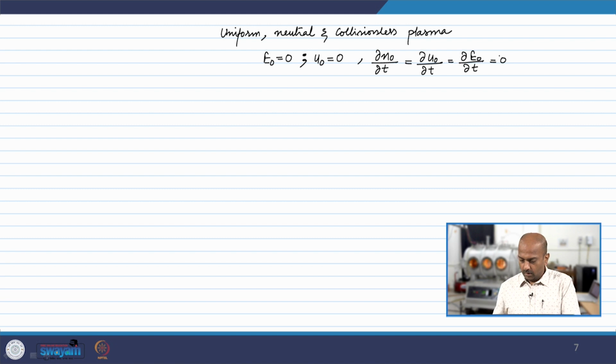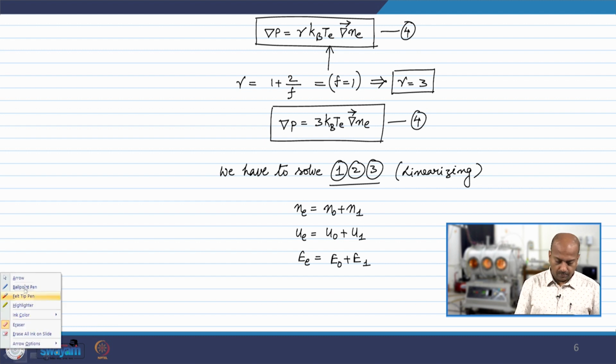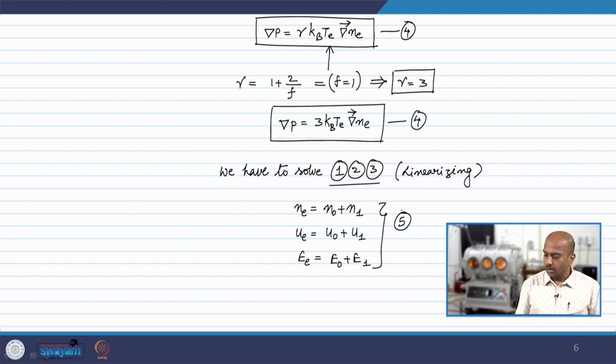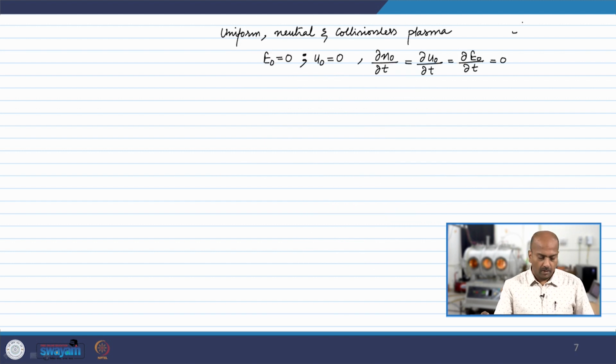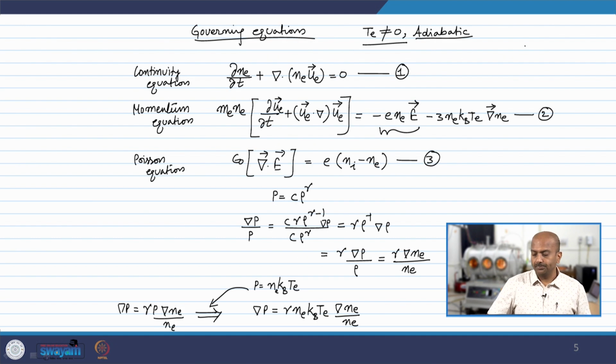So, let us call this set of perturbations equation number 5 and this equation number 6, right. Now we have to use equations 5 and 6 in the governing equations 1, 2, 3. So, we will continue in the next class.